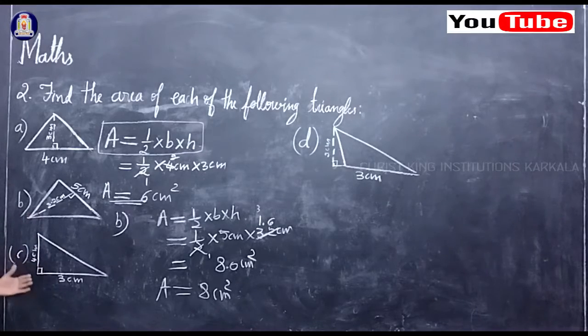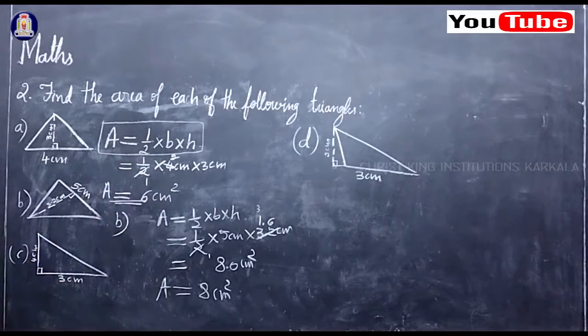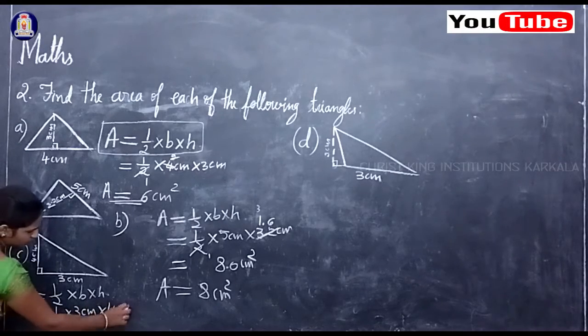Now the third figure, if you observe the third triangle, it is given like this. So this is a right angle triangle. For a right angle triangle also we'll use the same formula, half into base into height. I'll write your answer: A is equal to half into base into height. Base is 3 centimeter and height is 4 centimeter.